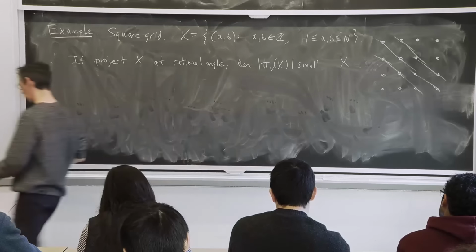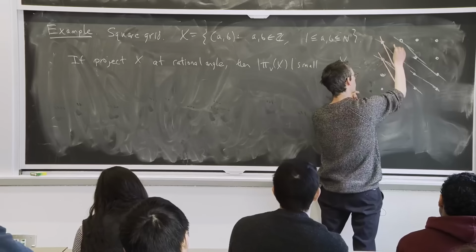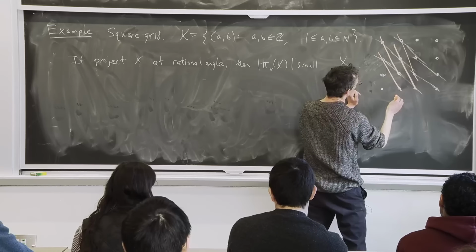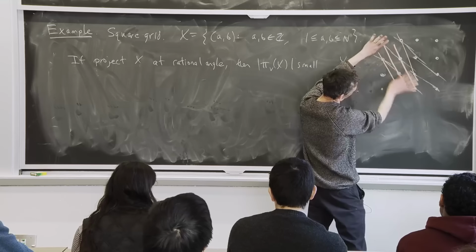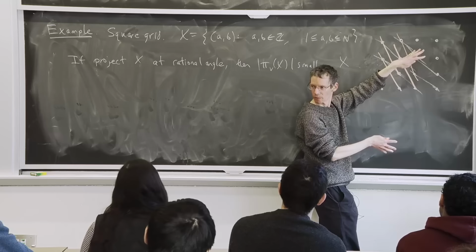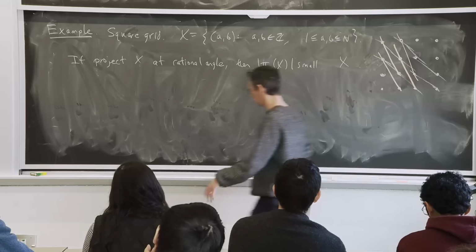I remember when I first saw it, I could see the 45 degrees in the vertical and the horizontal. So if I project it perpendicular to these orange lines, where it has slope like left 1 and up 2, all of those fibers will also be large, and so that projection will also be small. Right. OK.